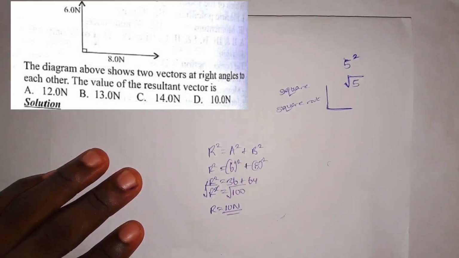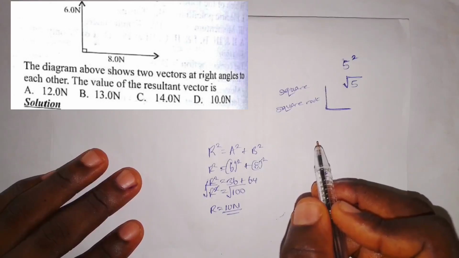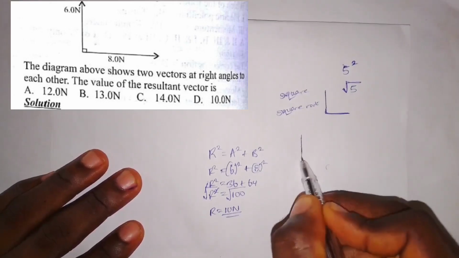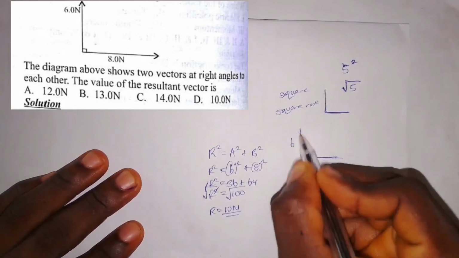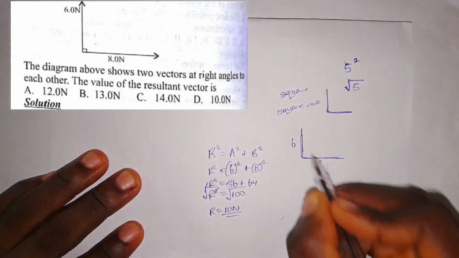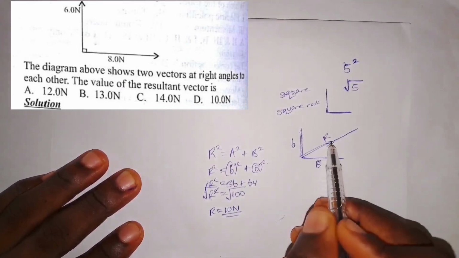Now remember, in one of our classes, I told you guys that in whatsoever question we are solving under vectors, the resultant is usually larger than the other vectors. Remember, vector A is 6, then vector B is 8.